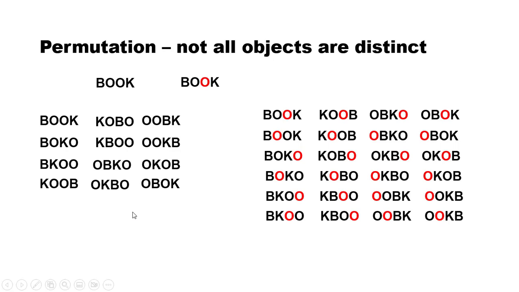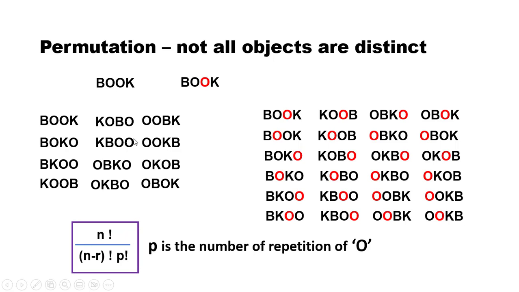So the formula now changes to n factorial divided by n minus r factorial. Until this we are aware, and one more new entry comes in here, p factorial. P factorial refers to the number of repetitions of the letter O. Here we have 2 O's, so you will have 2 factorial here.